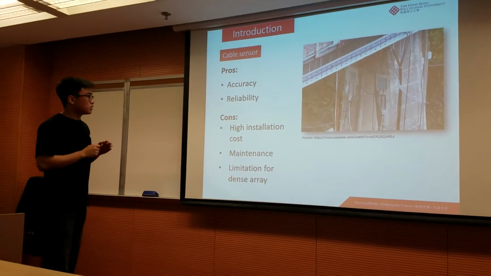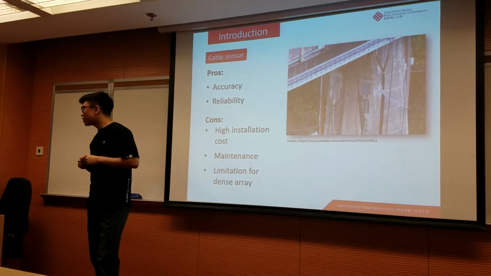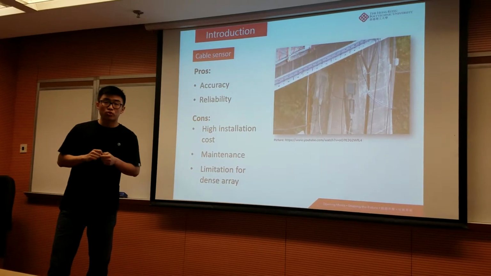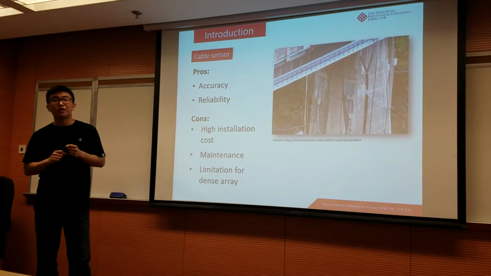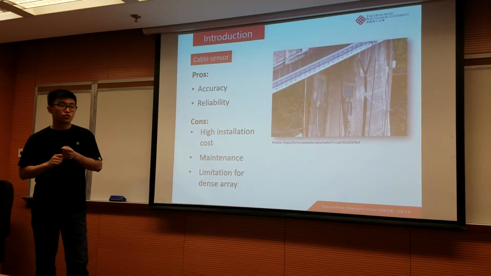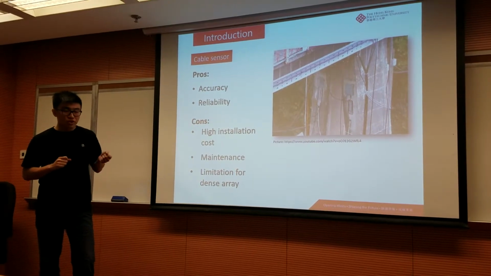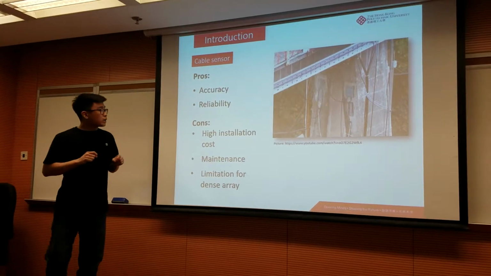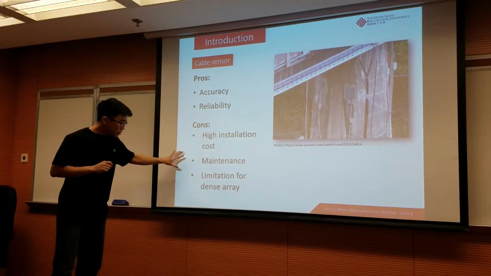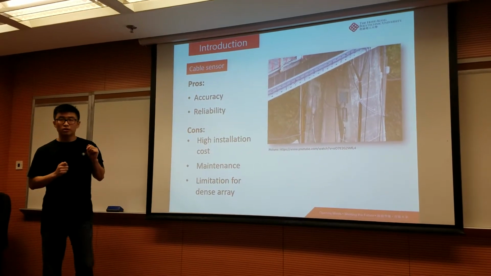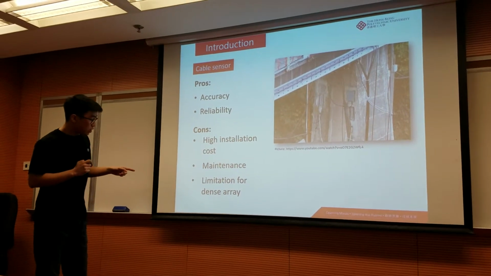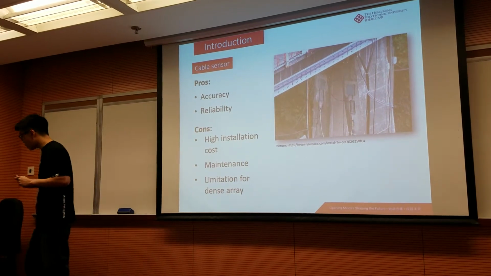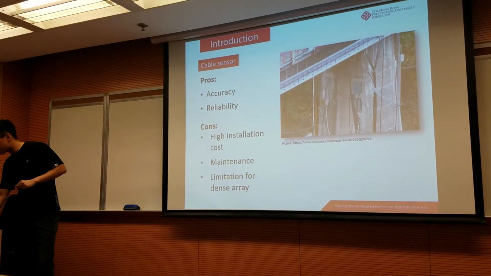For example, the installation cost and the maintenance cost of the cable sensor are very high. Imagine you want to install a sensor on a long bridge, and you need lengthy cables. So the high cost of the installation and the maintenance also limits the application of cable sensors in dense array structural health monitoring systems.